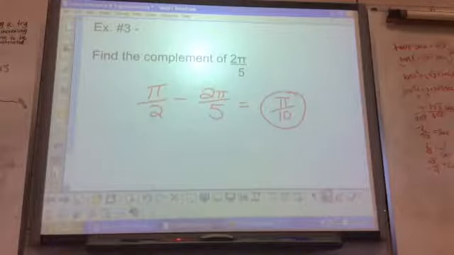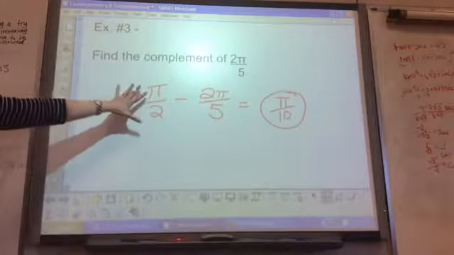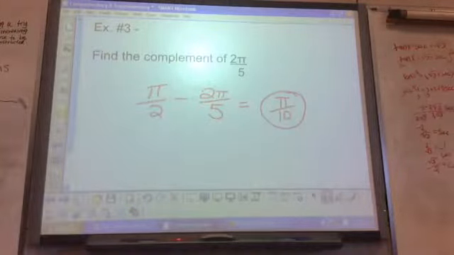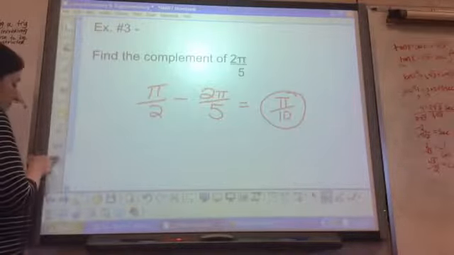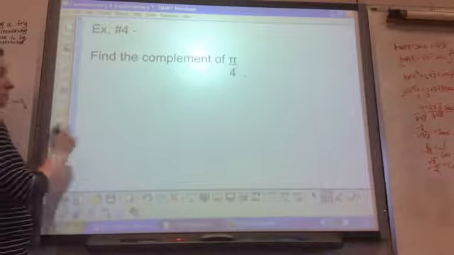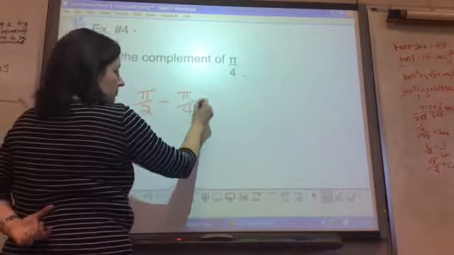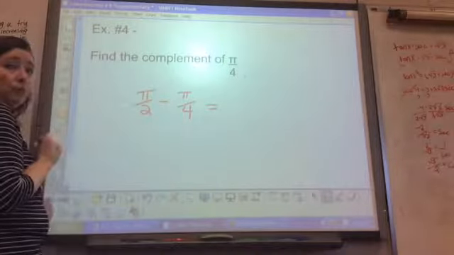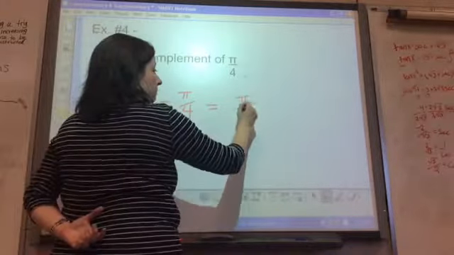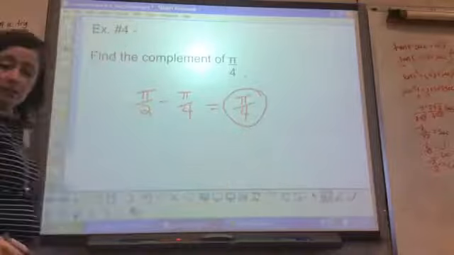Again, just subtracting. Always start with 90 minus or pi halves minus. All right, see what you get on the next one. Still complement. Pi over 4? Yep, very good.